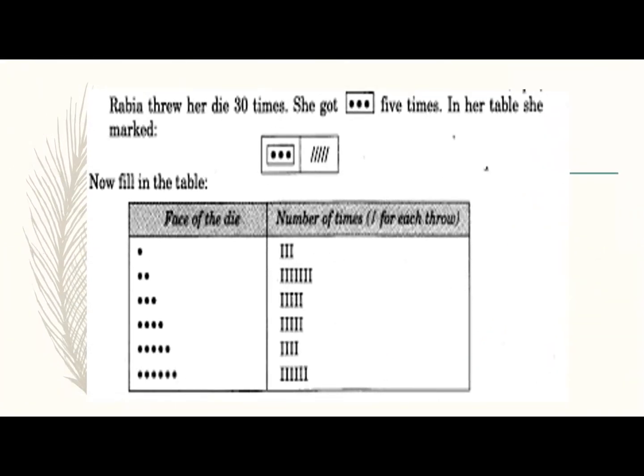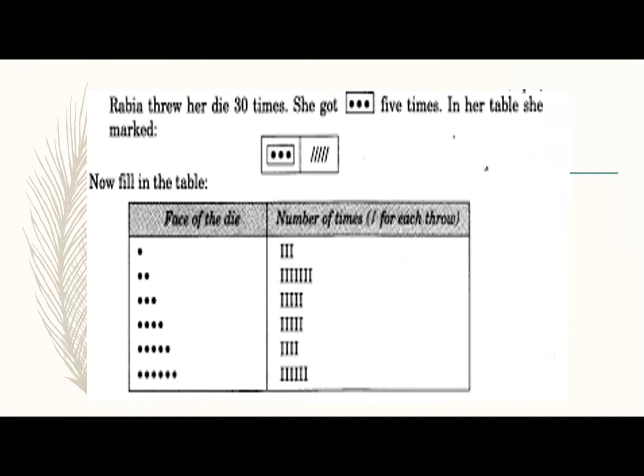Now here is another table for you. Rabia threw her die 30 times. She got 3, 5 times. In her table, she marked 3 as 5. Okay. Face of the die is 1.